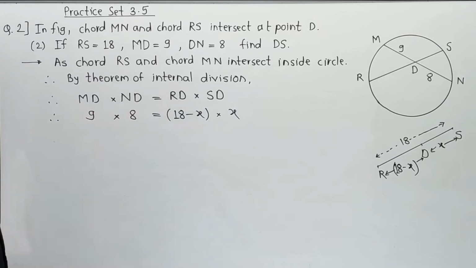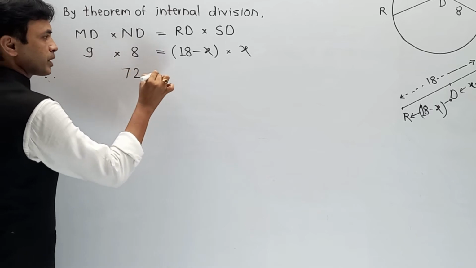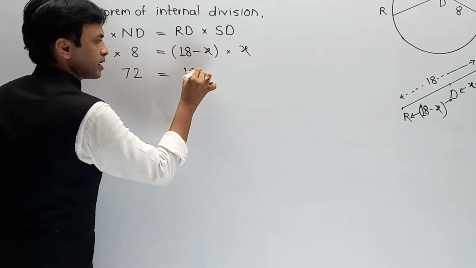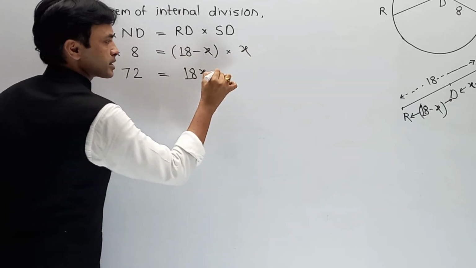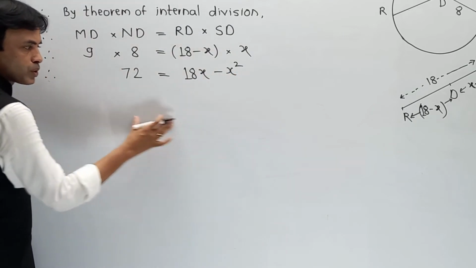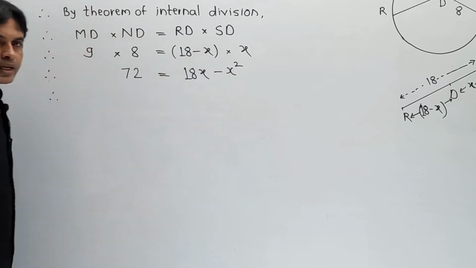Now simplifying that part: 9 into 8 is 72, X into 18 becomes 18X, and X into minus X becomes minus X square. Now taking this whole expression over here, it is definitely going to change sign.